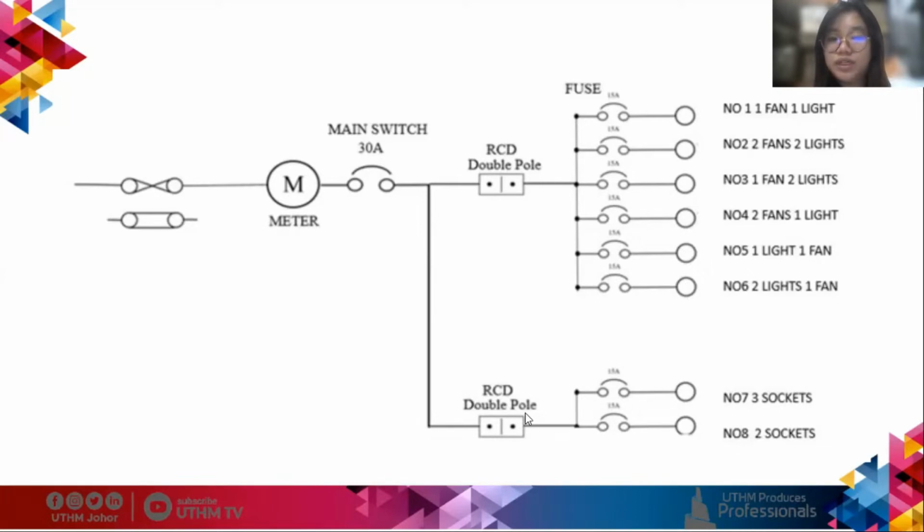Here it is also connected to another RCD double pole and connected to the fuse, and also connected to the MCB number 7 and 8. It will be connected to the socket.